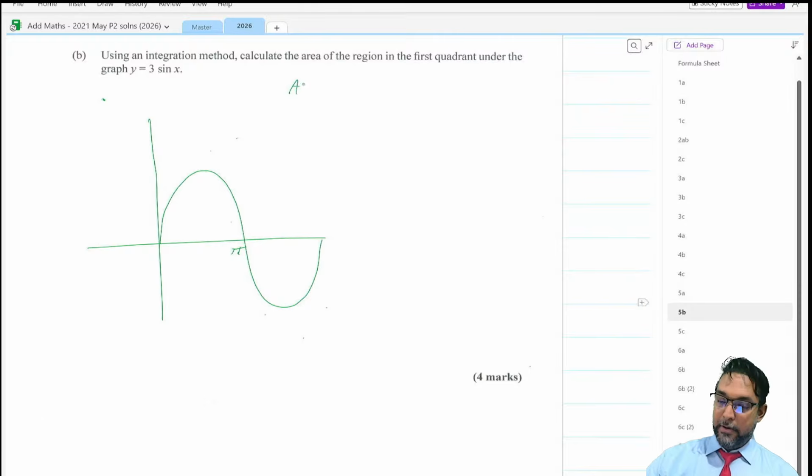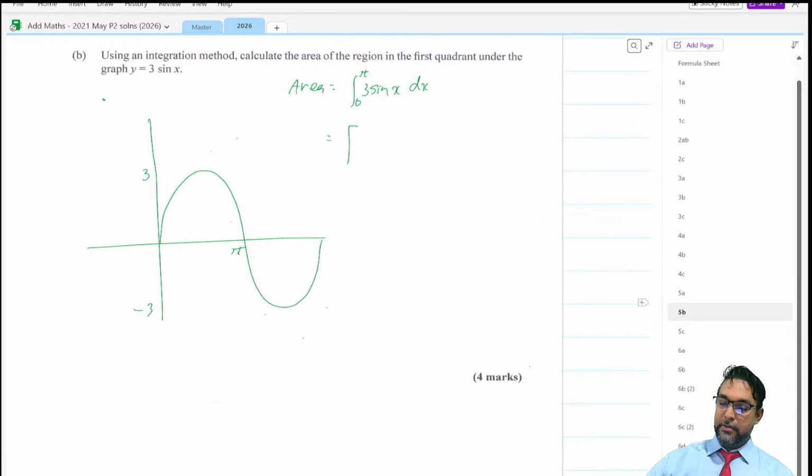So the area that we had to find is equal to the integral of 3 sine x, between pi and 0, dx.